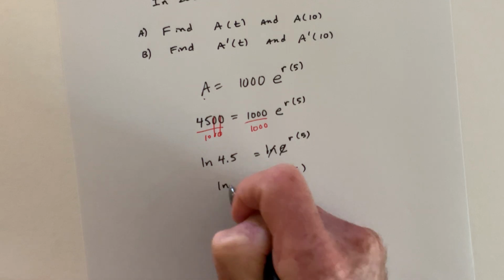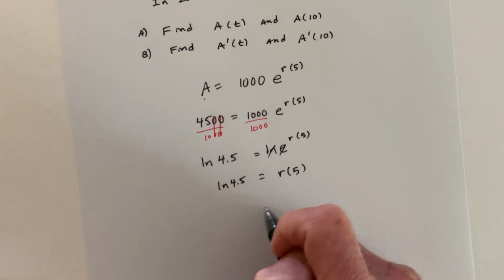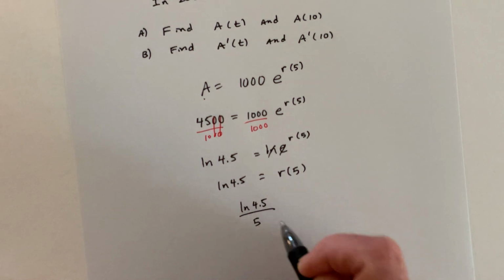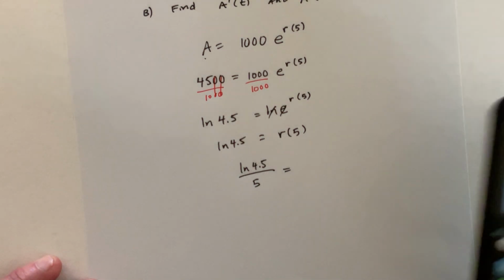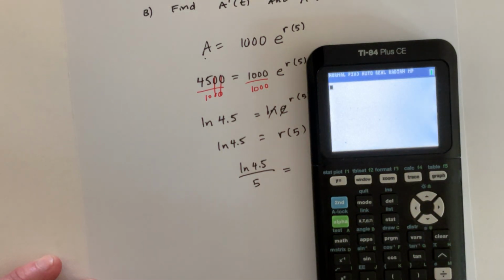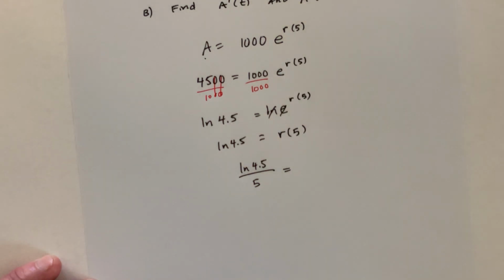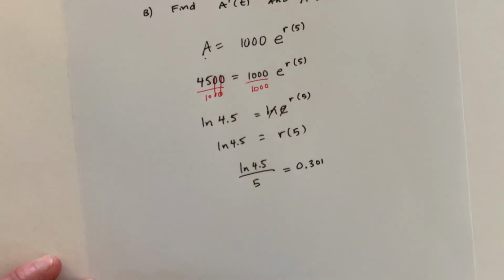And then divide both sides by 5. So the natural log of 4.5 divided by 5, that's what R equals. And then since I can't do that in my head, I'm going to go natural log of 4.5 divided by 5. So that town is growing at about 30% per year, or in decimal form, 0.301.